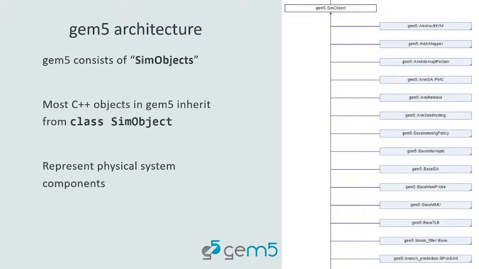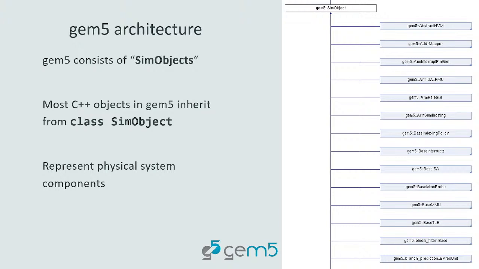So gem5 consists of many sim objects. These are the models. So anything that you want to include in the system is a sim object. Objects in gem5 inherit from class SimObject. You can see a list of a few from A to B on the right.